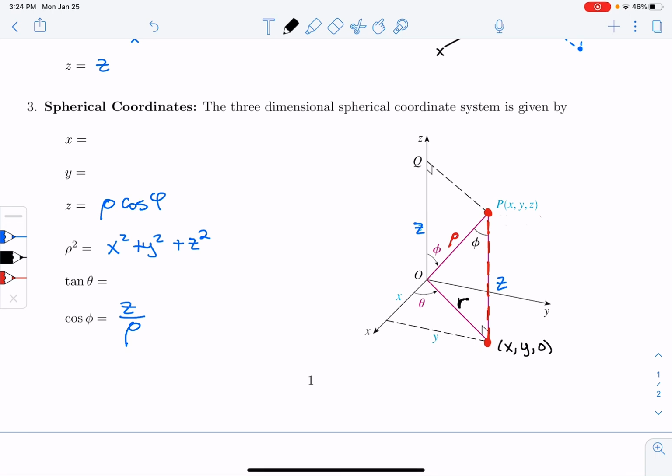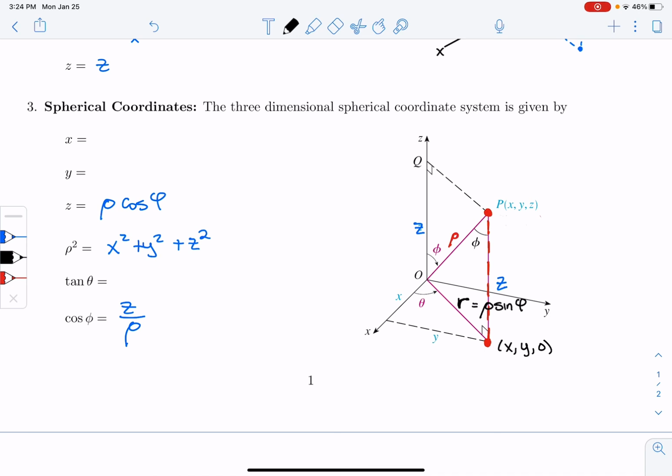But then this new point that we've dropped down to, x, y, 0, is going to be a distance r from the origin. And so r is going to be rho sine phi, because if the z in that triangle is rho cosine phi, then using the opposite side from the angle phi, r has to be rho sine phi.